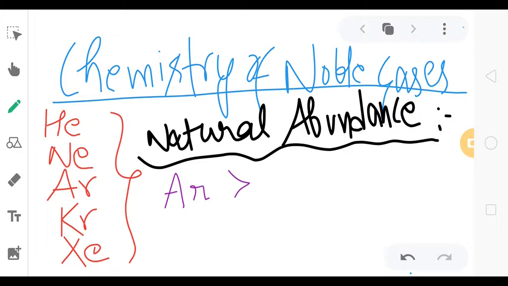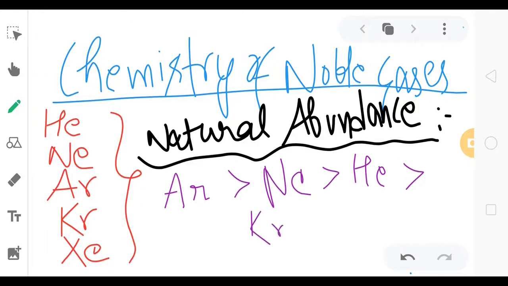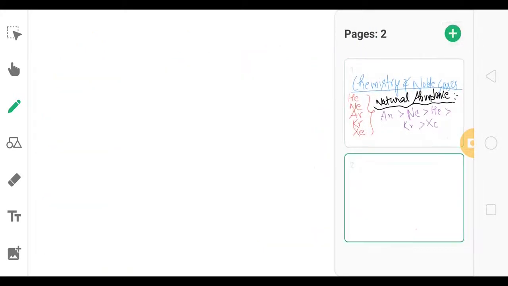So argon, then neon, then helium, then krypton, and then xenon. This is the natural abundance order of these gases, right? Okay.